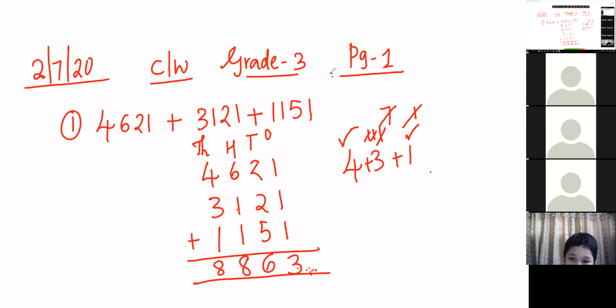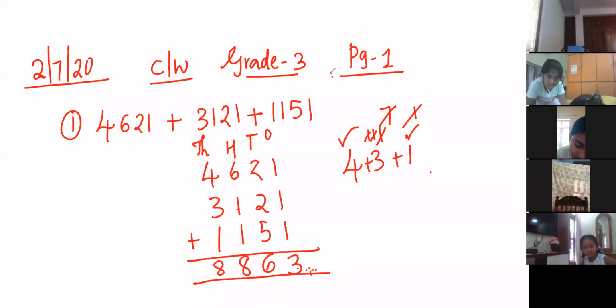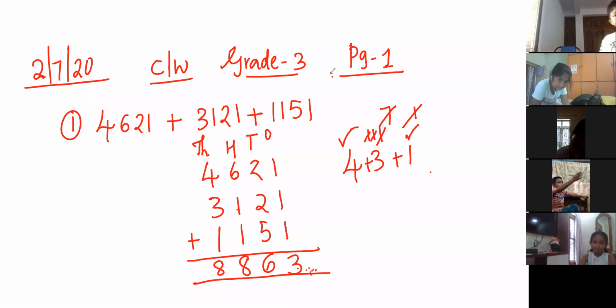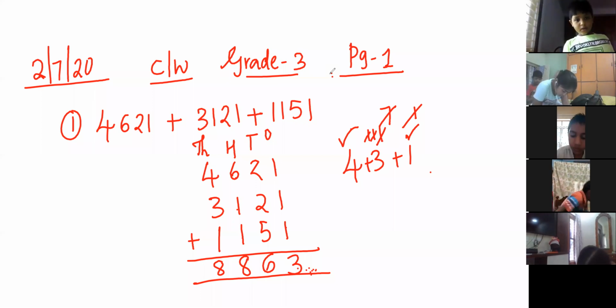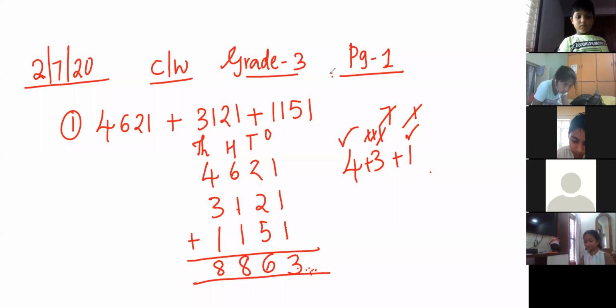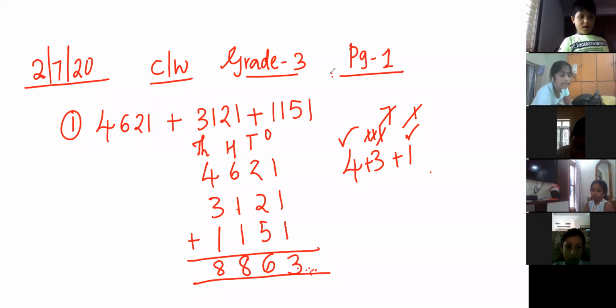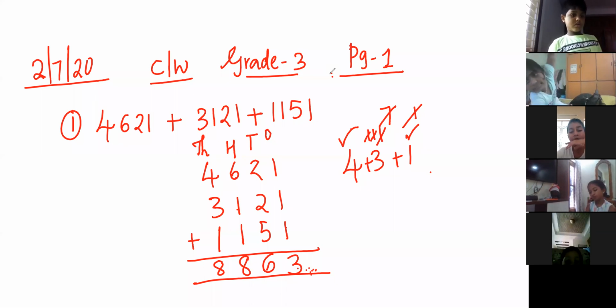Say all of you once again, what is the number we got? It's 8,863. Once again, tell me all of you. Danish, come on, read the number. What is the number we got here? Can you hear me, children? Raise your thumb.